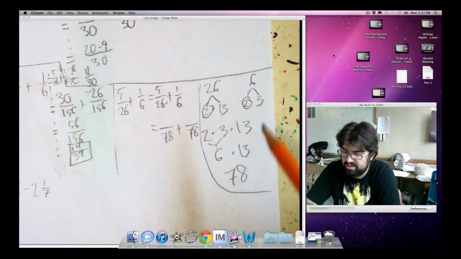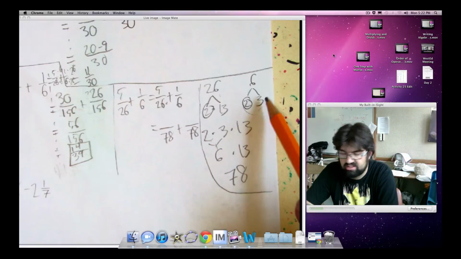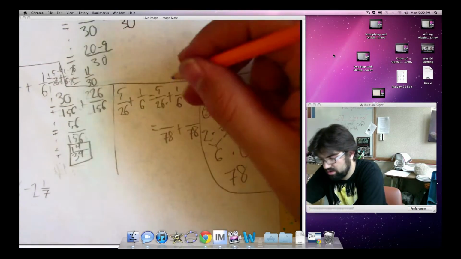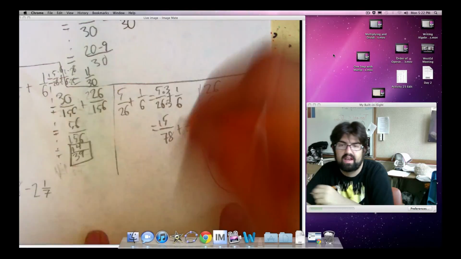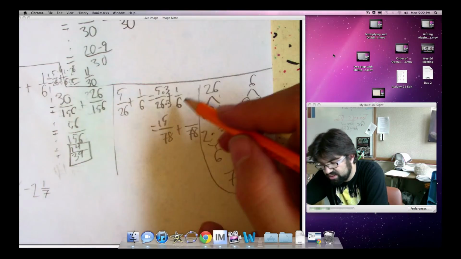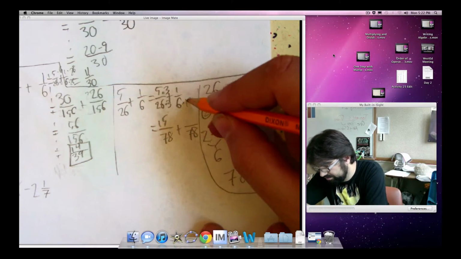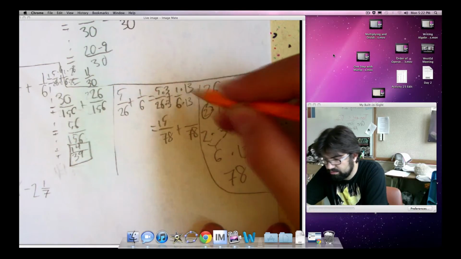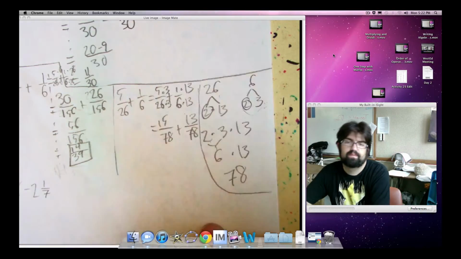I have to times 26 by whatever was missing. It doesn't have 3, so I would times it by 3. So we have 15 over 78. The 6 is missing the 13. 1 times 13 is 13.